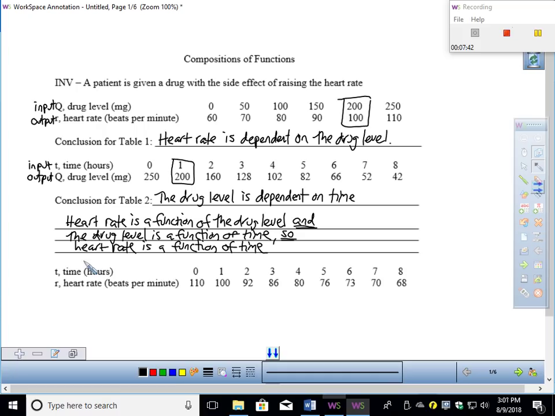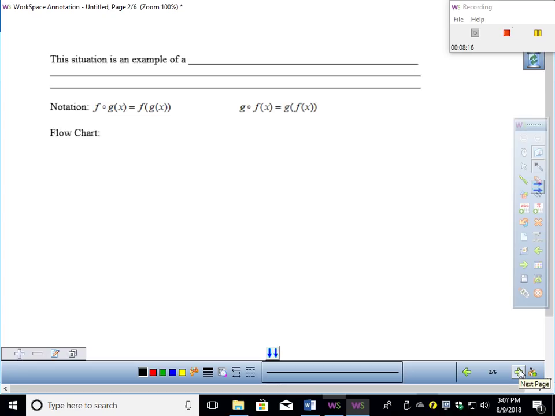Now obviously we're going to go through some notational pieces and we're going to go through some algebra with it, but I guess let's clarify that and then take one step at a time. So first of all, this situation is an example of a composition of functions. Okay, perfect. And I'll explain exactly what I want you to really get out of that.